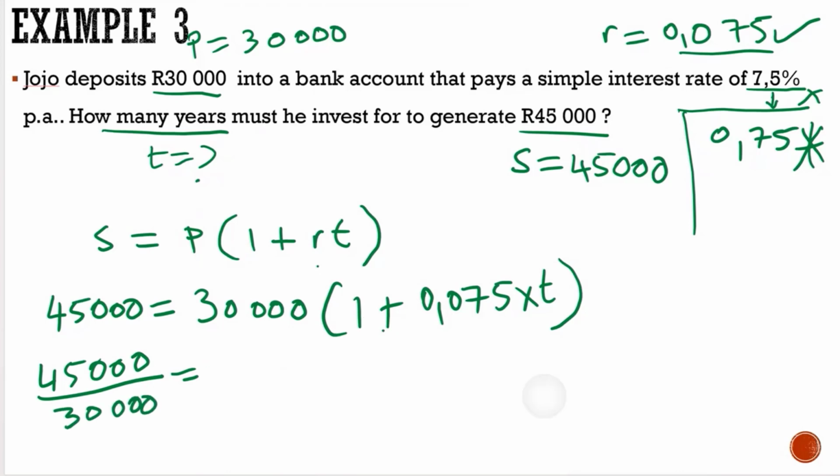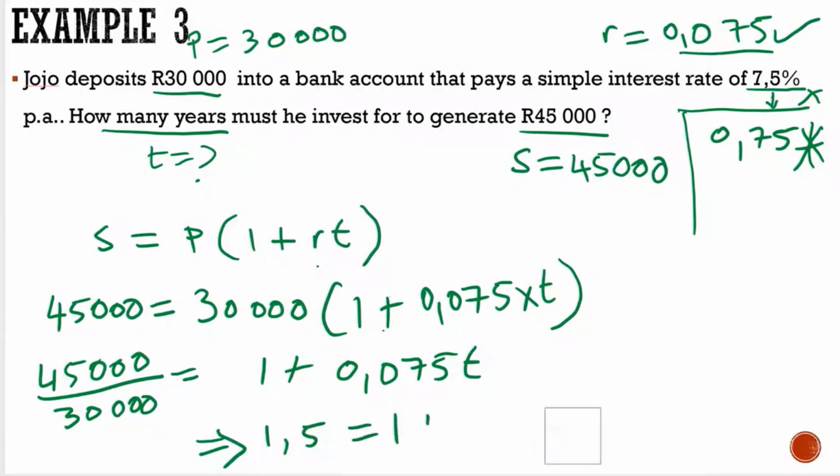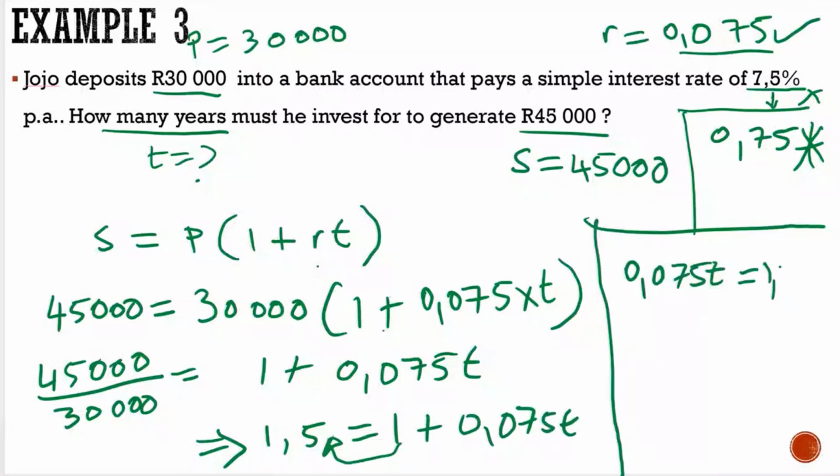This is going to be 1 plus 0.075t. So this implies that 45,000 divided by 30,000 is 1.5, which is equal to 1 plus 0.075t. Then 1.5 minus 1.